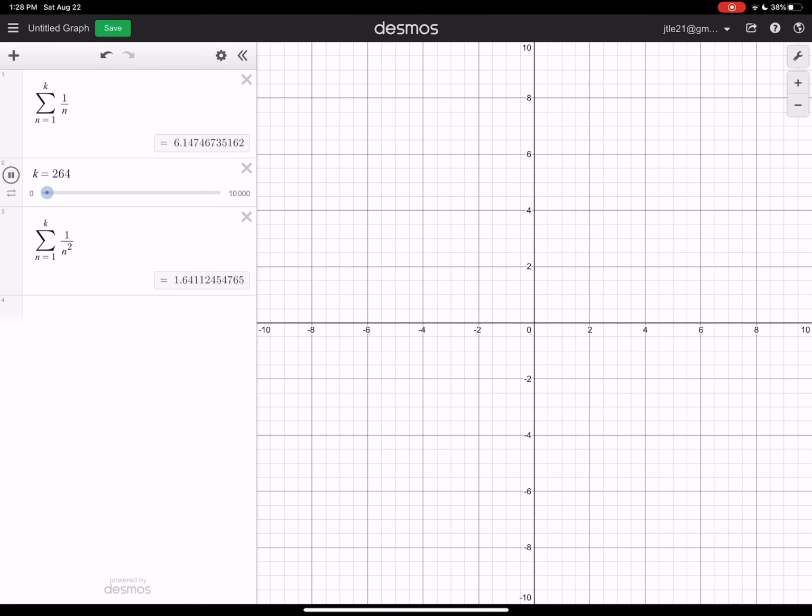So at the bottom here, it's at currently a 1.64. At the very top, it's growing, but if you notice at the very bottom, it's like going at a snail's pace. So here's what I want you to think about.